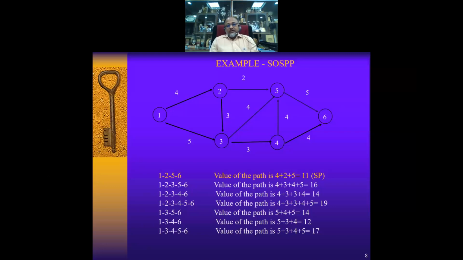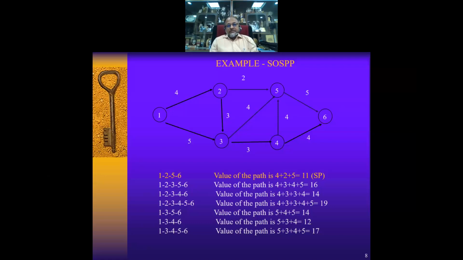But is it always possible to find the shortest path this way? Definitely not, because this is only a 6 node network, and determining all the paths between 1 and 6 is itself difficult, because here there are 7 paths. But if it is a completely connected network, or we can say a complete graph, that means between every pair of vertices there is an edge.